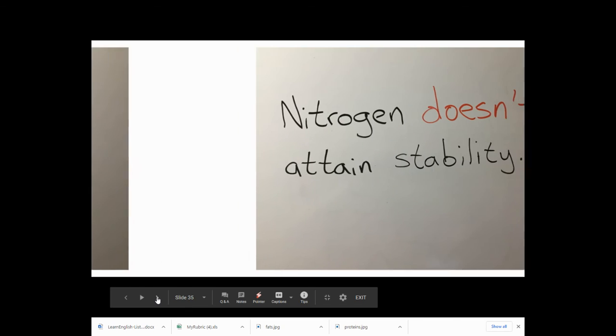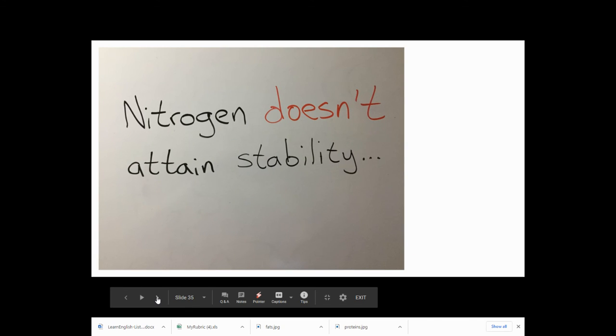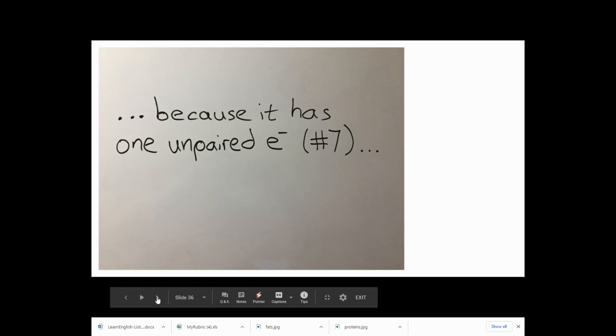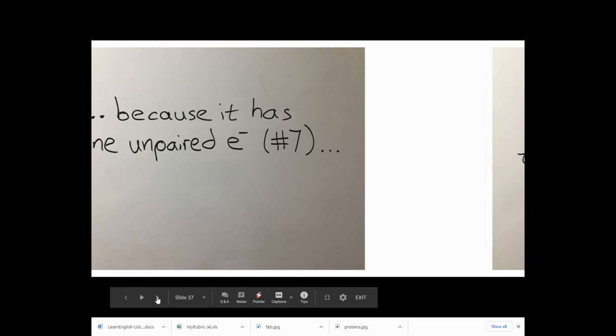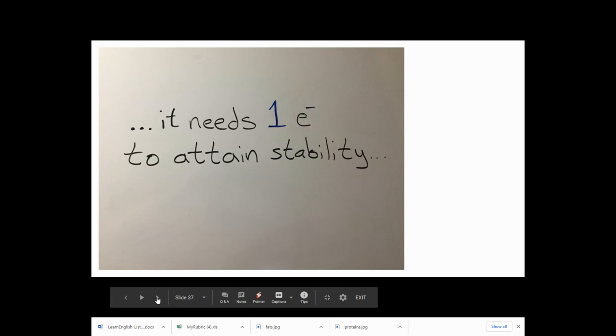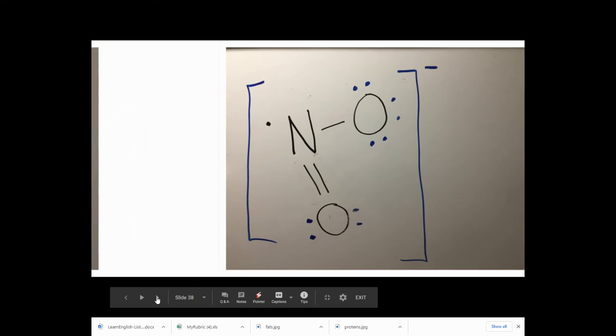How is that possible? Nitrogen does not attain stability because it has 1 unpaired electron. In our case, it's electron number 7, remember? So it needs 1 electron to attain stability.